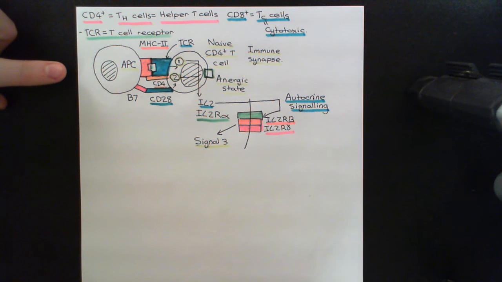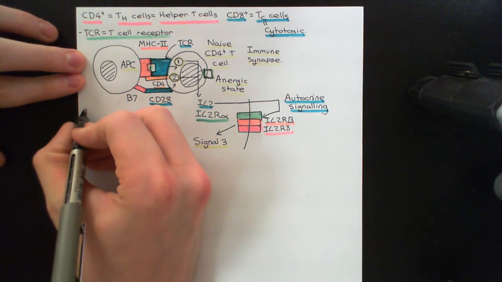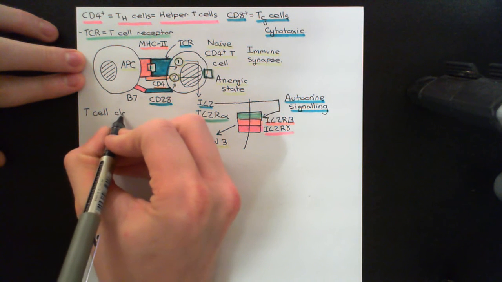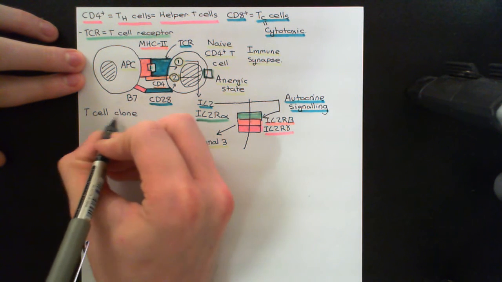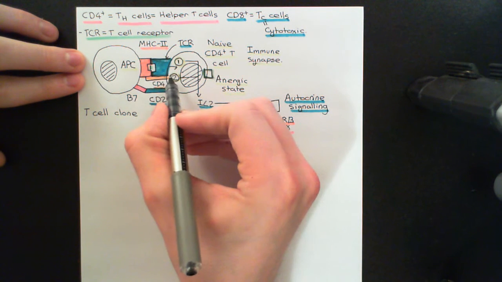And remember, there are a huge number of different types of helper T cells which will have different T cell receptors. So a useful concept is the concept of a T cell clone. The concept of a T cell clone means all of the T cells with an identical design of T cell receptor.